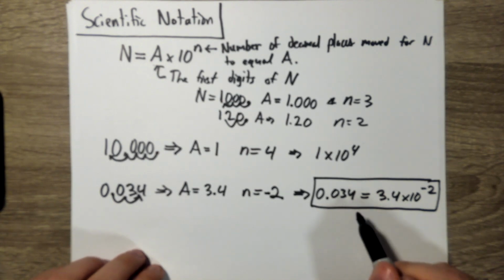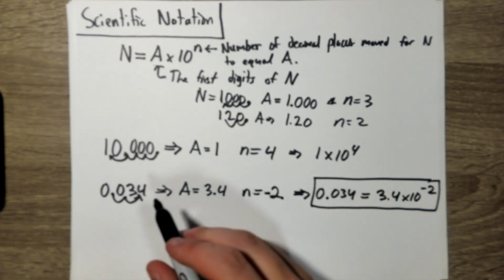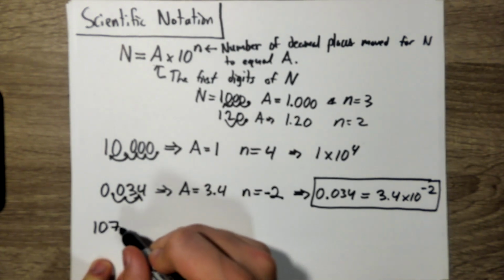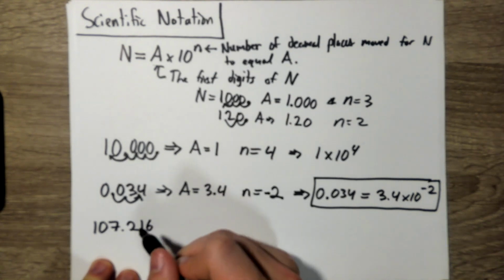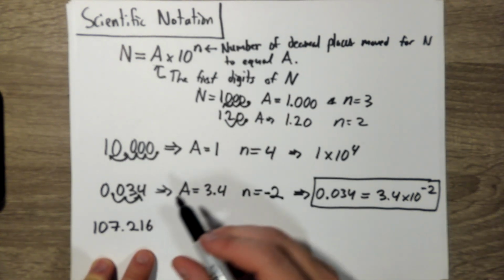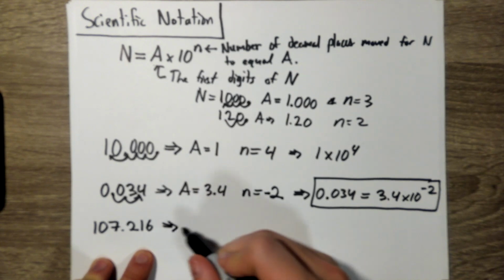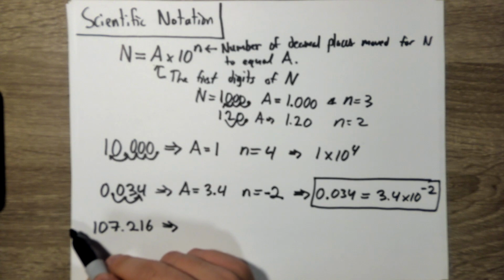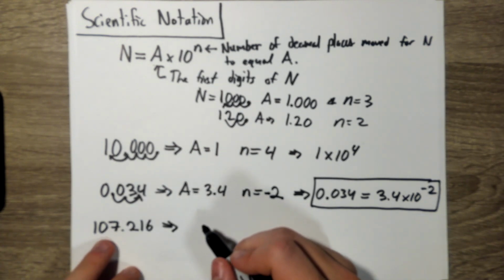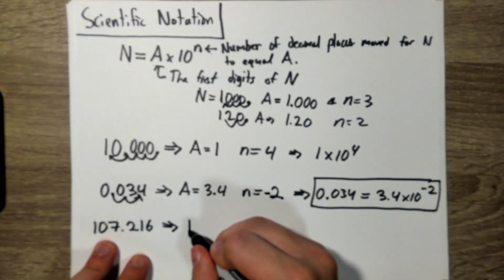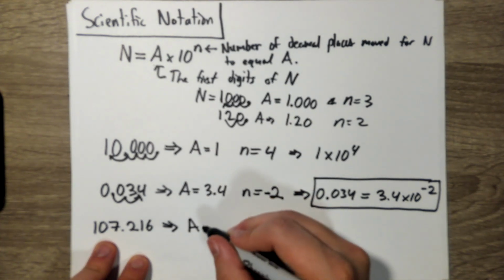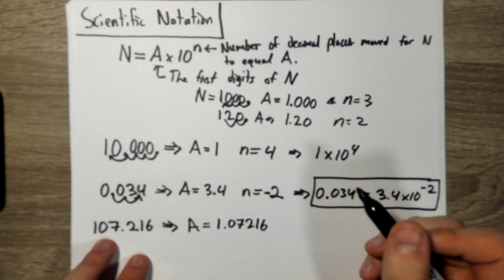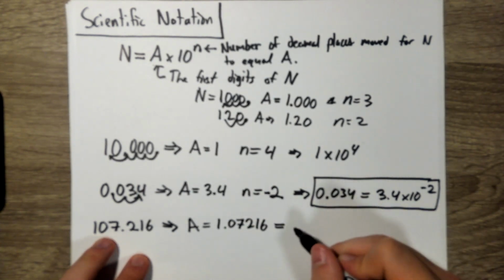That is a number smaller than 1. So what if we have a number with lots of digits, say 107.216, just to throw a random number out there. It's still simple. We have no trailing zeros or leading zeros here, so we can write the whole thing out as we'll find A is equal to 1.07216, which can easily be rounded as well if you want to.